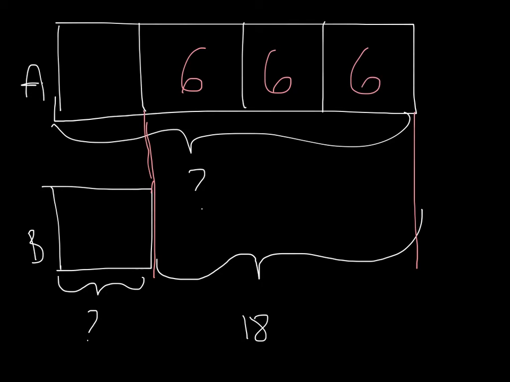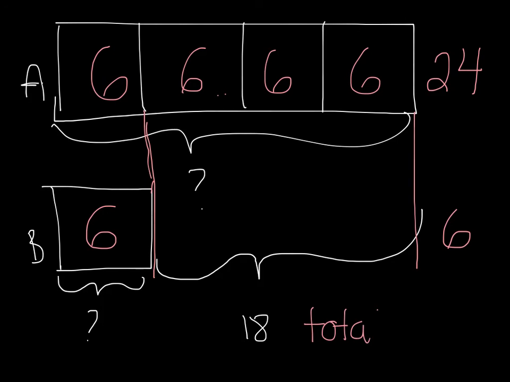So each of these boxes must be 6. And if that box is 6, then this box must be 6 as well, as must this box, because they are the same size. A will then be equal to 24, and B will be equal to 6. Total would be 30.